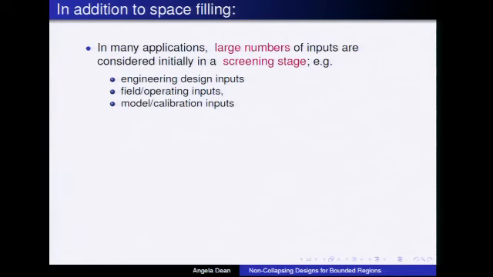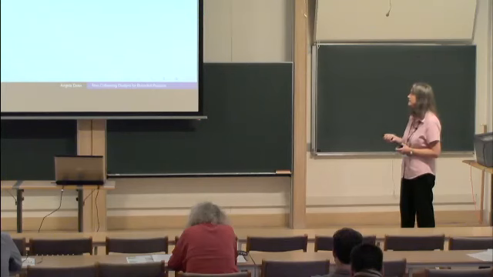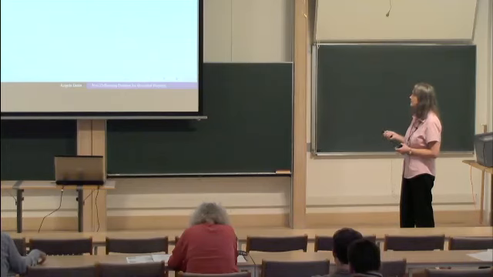Okay, so the reason that you might be screening: I've heard several speakers talk about the fact they may have thousands of inputs. I think Grant Ryman earlier today talked about thousands of inputs, but only a few may be important, and I think Bertrand and Hugo both were talking about screening as well.